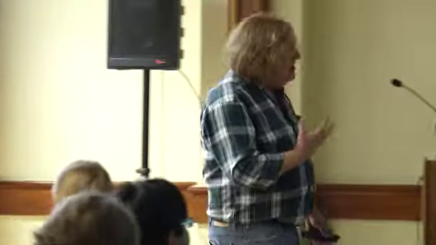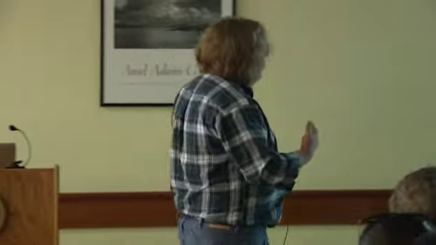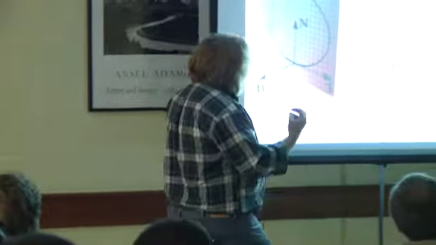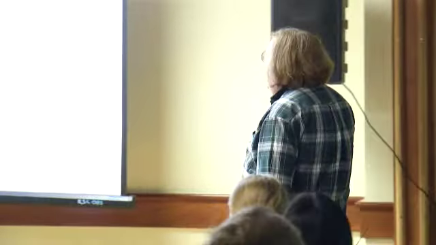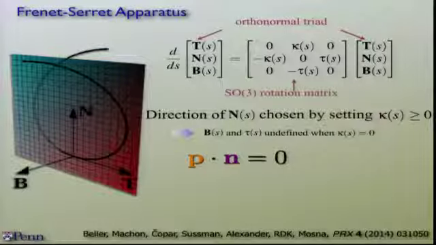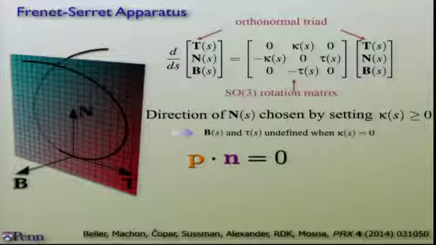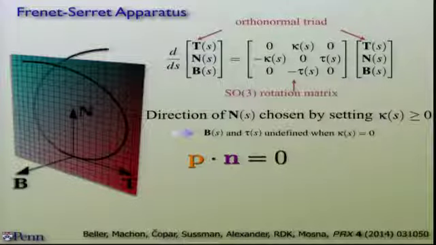Okay, so it turns out that if you think of the pitch axis and the n and the not n, that triad, it's actually much more constrained than we thought it was. Some of you might remember the Frenet-Serret apparatus that tells you about closed curves or open curves in space. You have a curve, its tangent vector, the normal, which is the derivative of the tangent vector, and the binormal, which is its cross product.